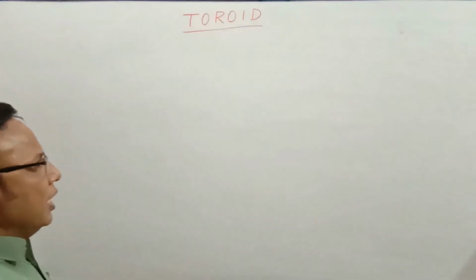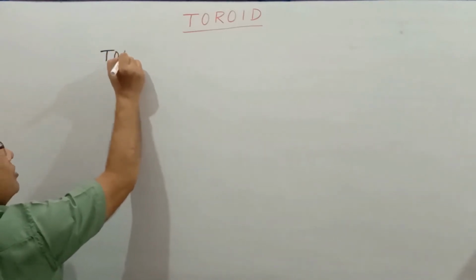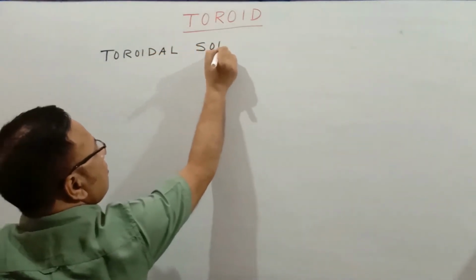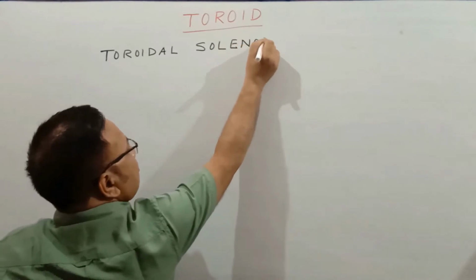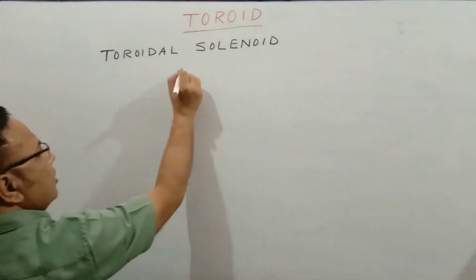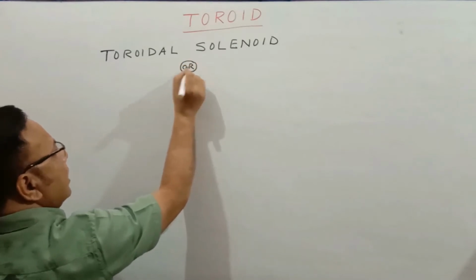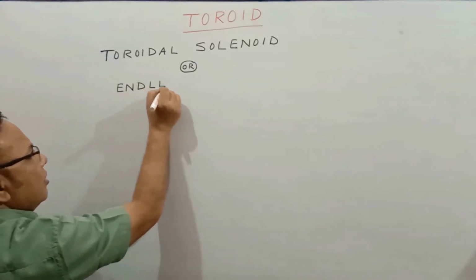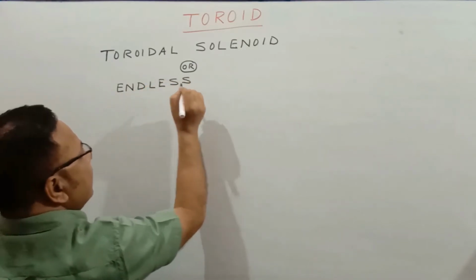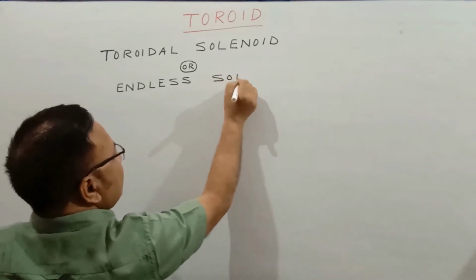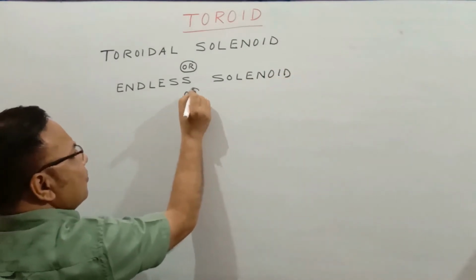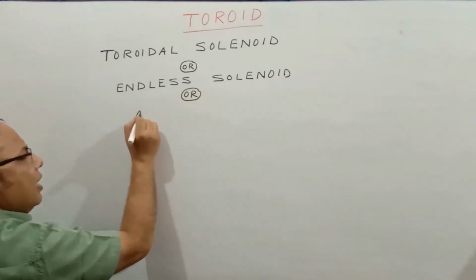Toroid is also known as a toroidal solenoid, or this can also be an endless solenoid, or one more name of it is anchor ring.